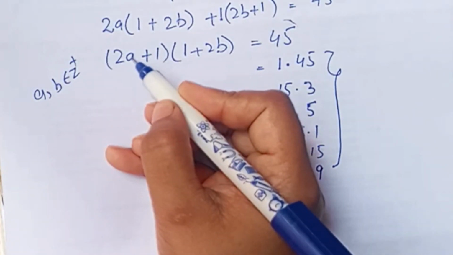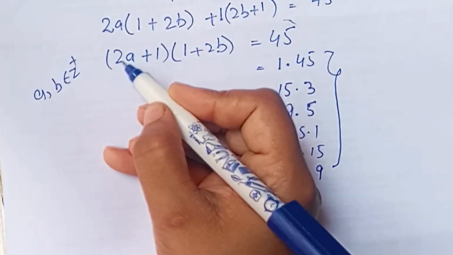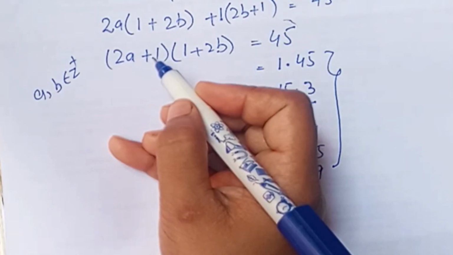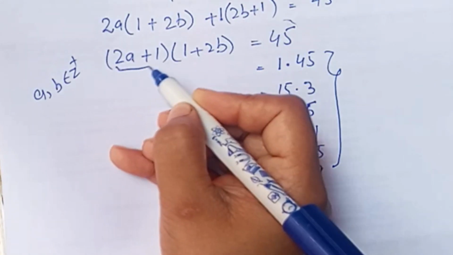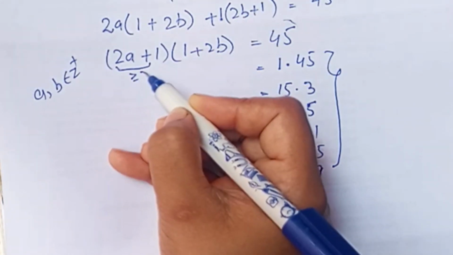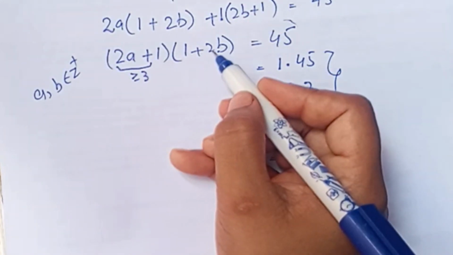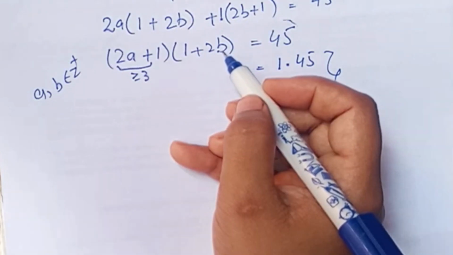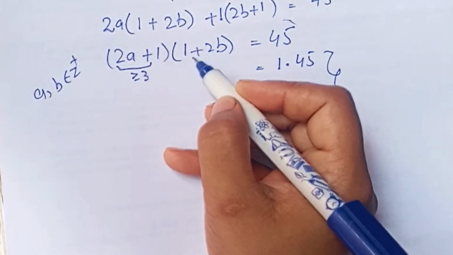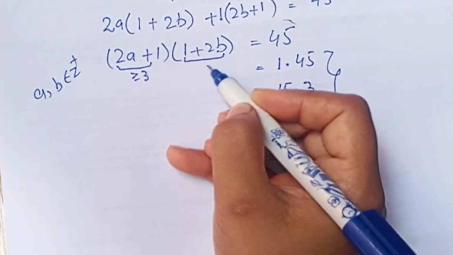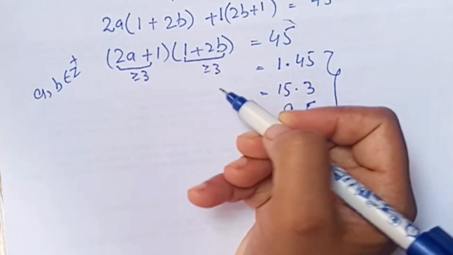If a is 1, then multiplying 1 by 2 we get 2, add 1, so we get 3. So this implies this whole term is greater than or equal to 3. Similarly, if b is 1, then multiplying 1 by 2 we get 2, and adding 1 we get 3. So this term is also greater than or equal to 3.